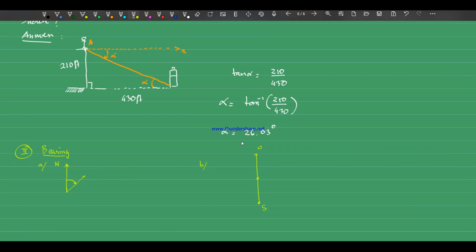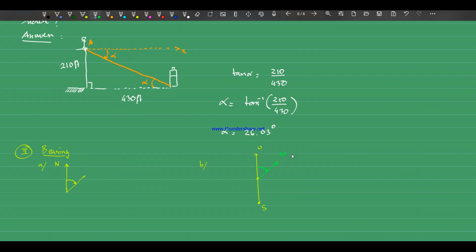Example, I can say like this: this is west, this is east. So this is the angle over here, and I can put this is north.